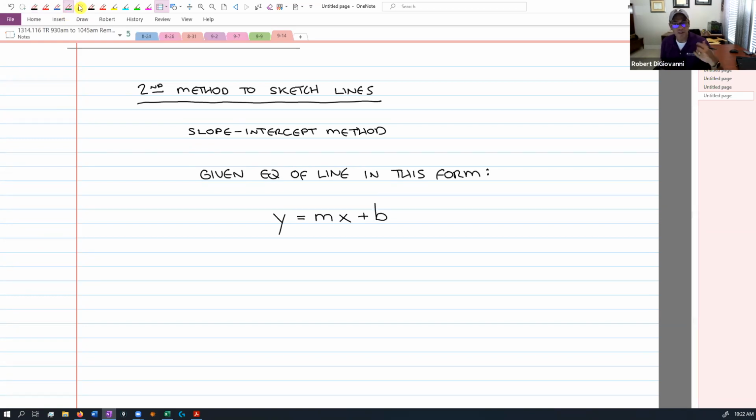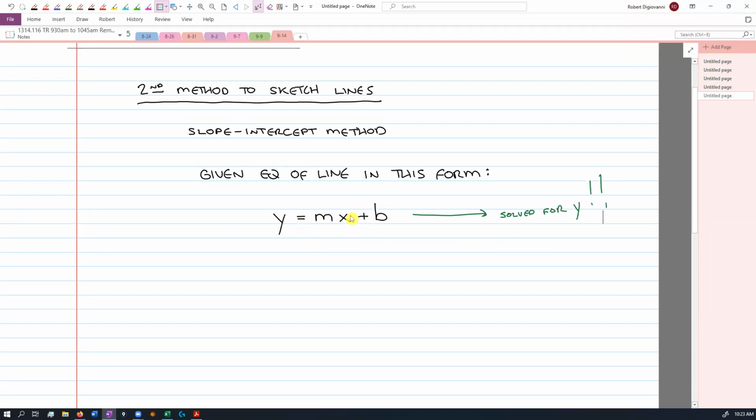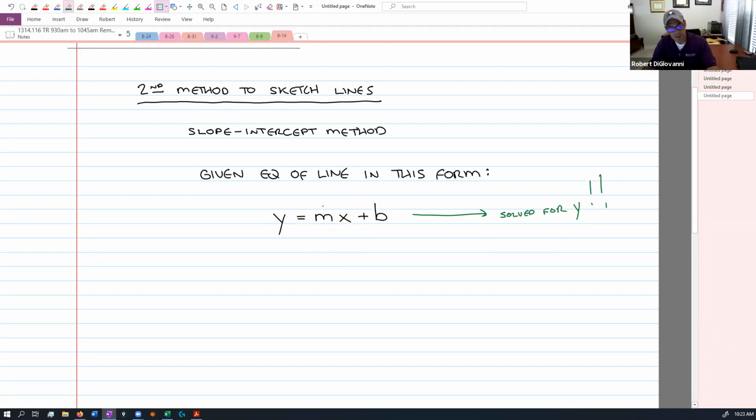In other words, let's say you're given the equation of a line. Basically, when you look at that, notice that what it is, it's just solve for y. Right? This is the general form of a linear equation. We have an equal sign, we have x and y in here. This m here is going to be some number, and this b here is going to be a number.